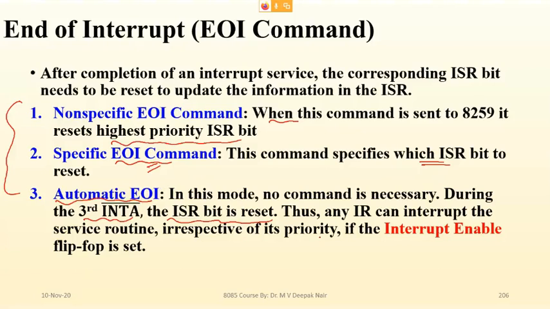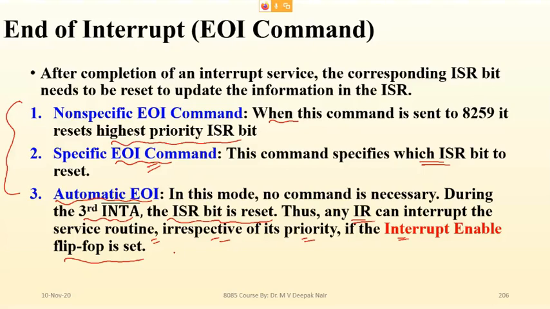Okay. Thus, any IR can interrupt the service routine irrespective of its interrupt priority, and the interrupt enable flip-flop is set. So in short, if you are using automatic end of interrupt, then the 8085 doesn't have to pass a specific end of interrupt command.